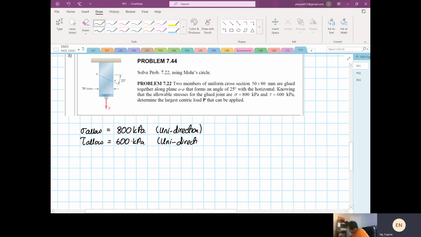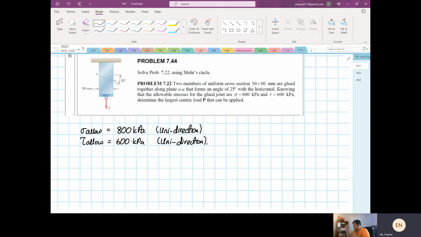So these two tests are done separately. When they get the normal stress and shear stress, they're not done together. They're not measured together. They're done separately. But we were not told. So remember what I said in class: it's easier to do unidirectional than bidirectional.